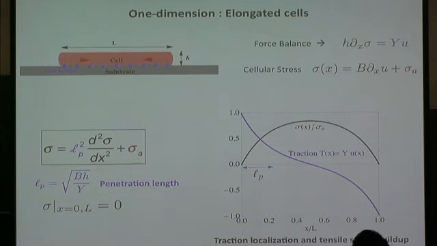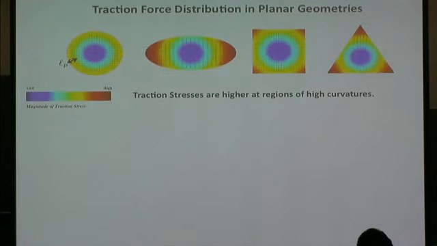Now, in 2 dimensions, of course, the situation is slightly different because there is a geometric factor you cannot ignore anymore. Traction stresses still localize at the edges, but they're higher at regions of high curvature or whenever you have a sharp corner.